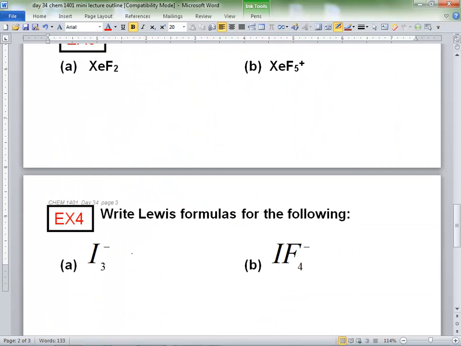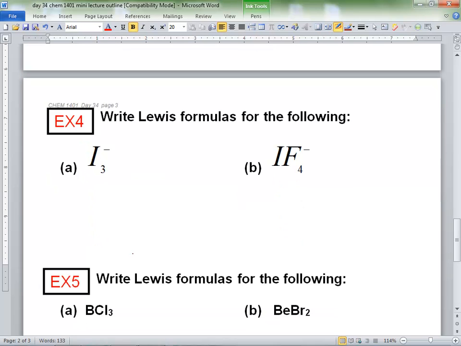I just want to jump down to something like, let's just do this one. Okay. Because Diana, it's going to be confusing on the exam. You don't know whether they want you to do resonance, just draw a Lewis structure, or what.